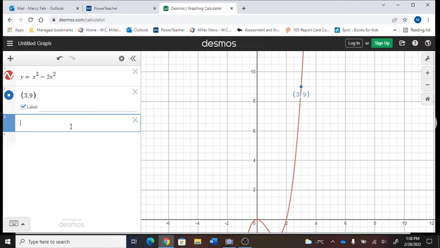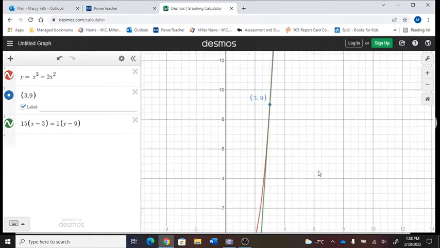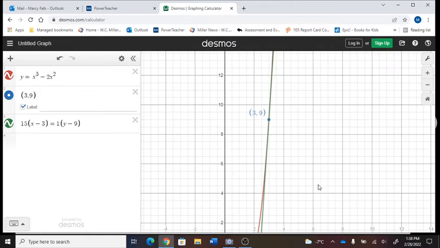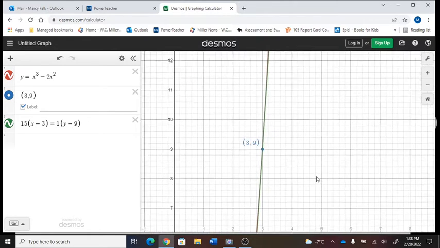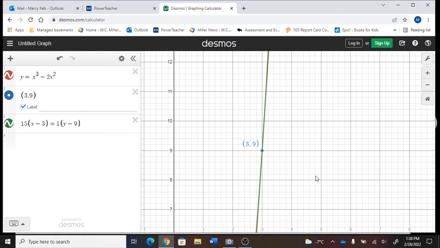Okay, so that's where we went through. So the tangent line had this equation, 15x minus 3. Do you see that that line is tangent? I don't know, can you see it? Is it clear enough? See that tangent line?